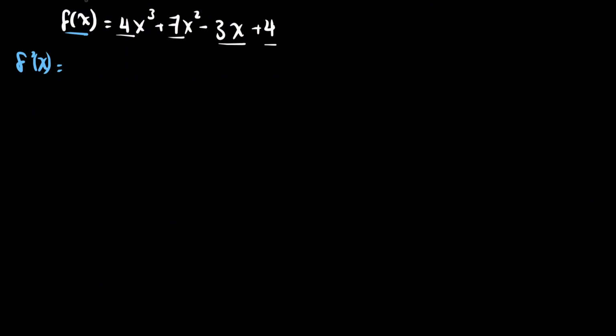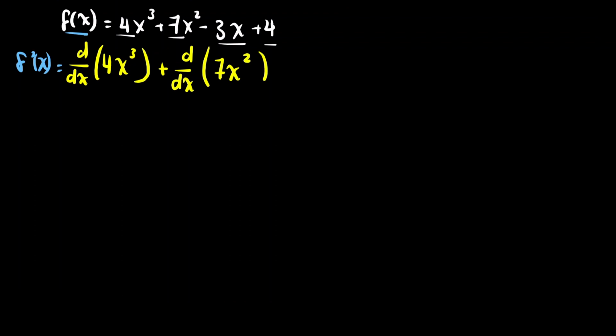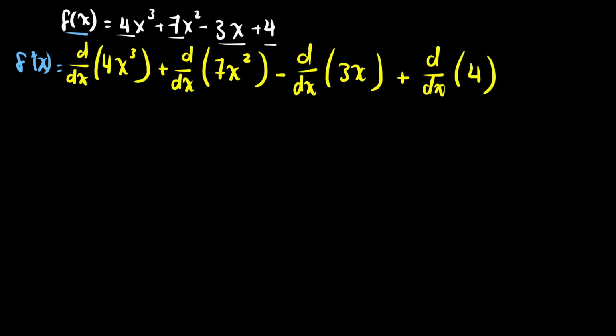So let's get it. Derivative for 4x cubed, plus the derivative for 7x to the power 2, minus the derivative of 3x, plus the derivative of the number 4.